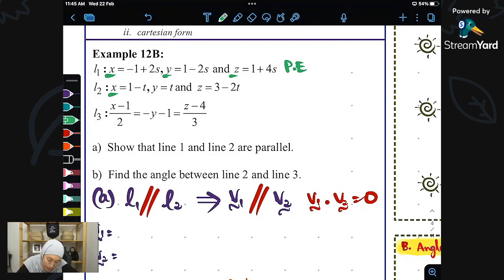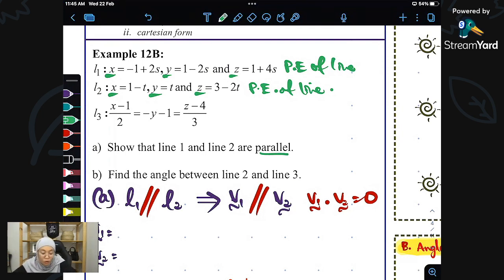And here too, x, y and z. Both of them are the parametric equations of a line. We have to do something to show that they are parallel. So what should we do then? We want to show that they are parallel.